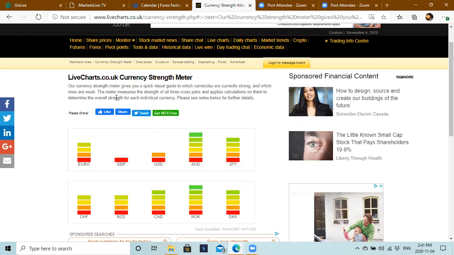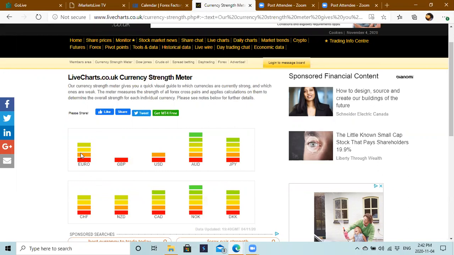I think those are his favorite pairs, so that's all he works with. While you're looking at these pairs, you see CAD has 5 bars, pretty strong. JPY, 5 bars, pretty strong. USD, on a good day, 2 bars. And 4 bars for Euro.